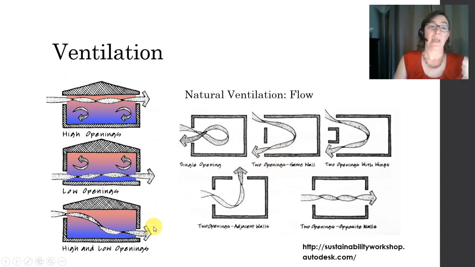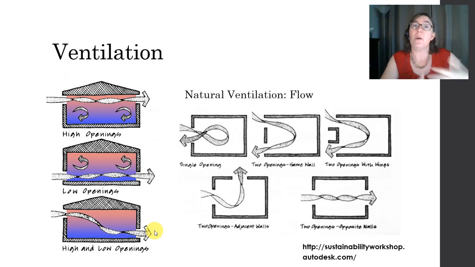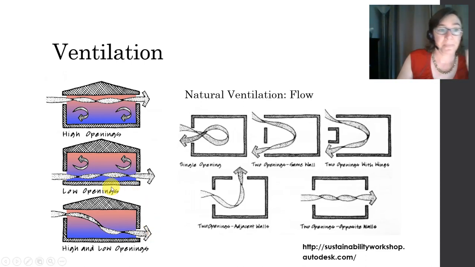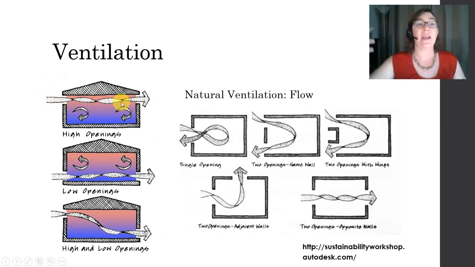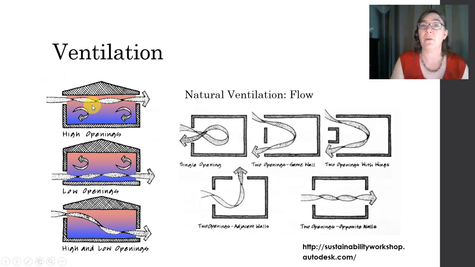In the vertical direction, what you're aiming for is a flow across the body of your occupants. By providing high openings, you do let the hot air exhaust, which is good, but you don't get that flow across the body of your occupants.